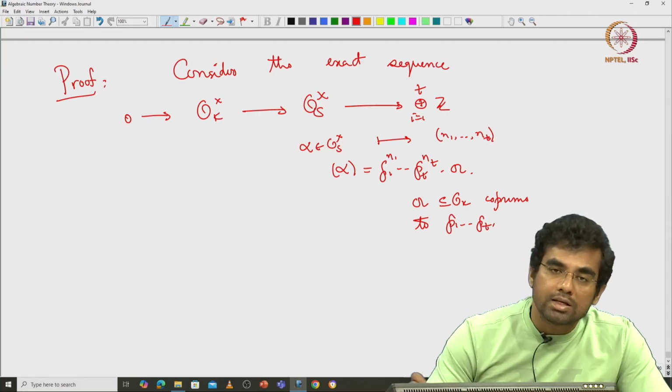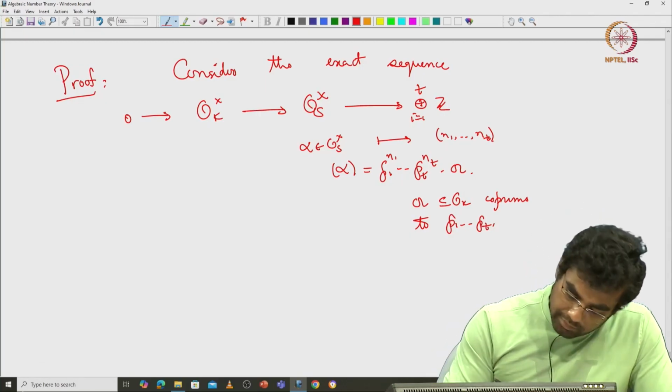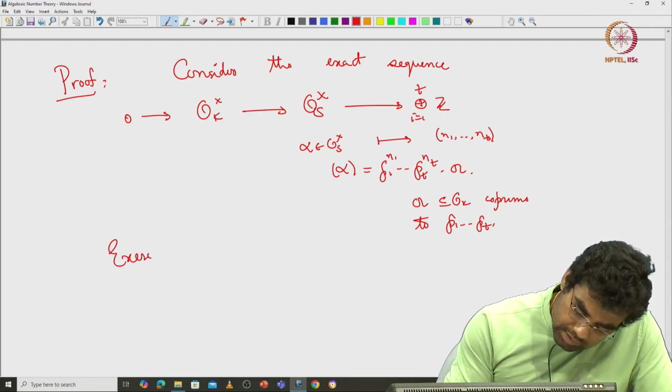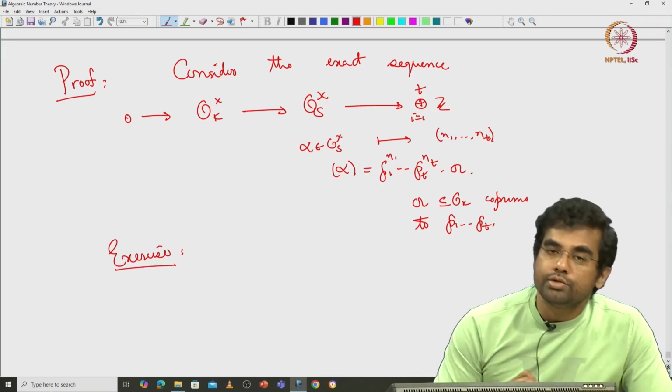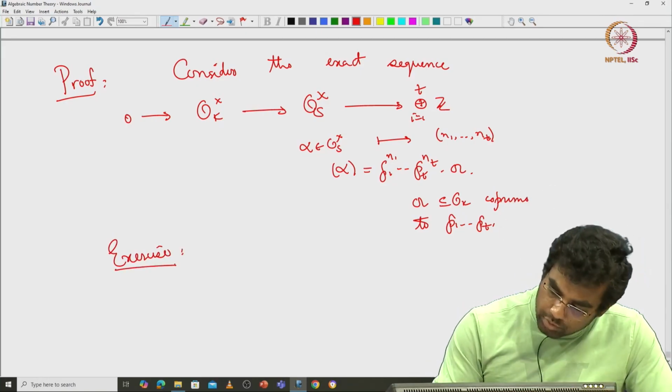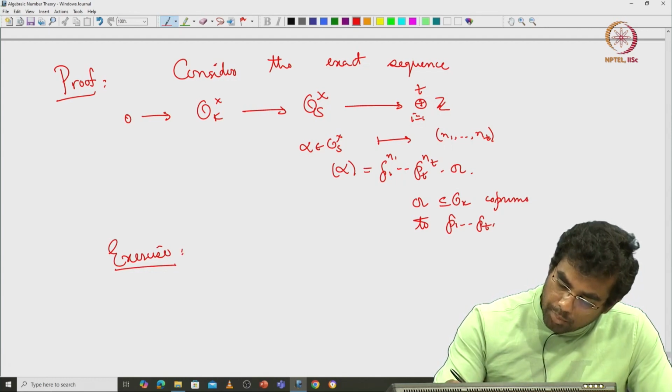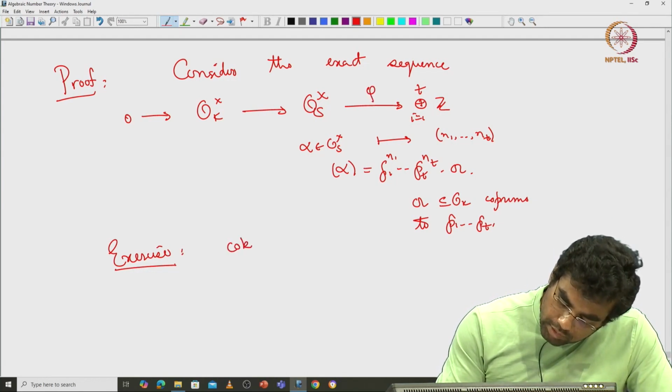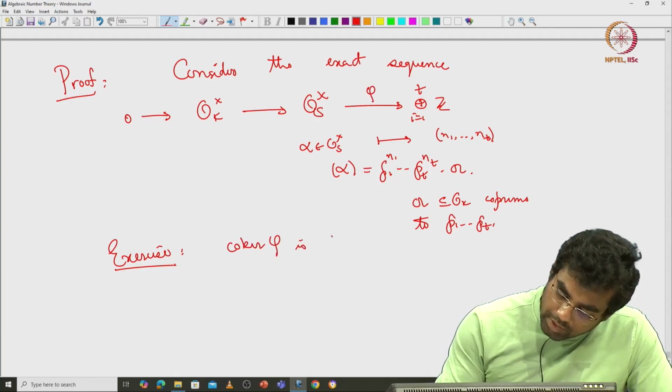Now, this last map is not quite surjective, but here is an exercise. It uses finiteness of the class group: the cokernel of φ is finite.